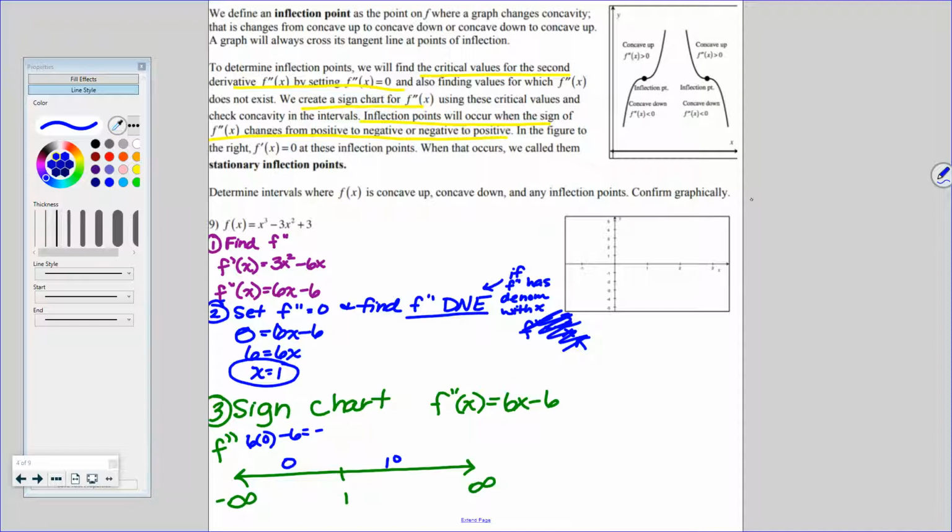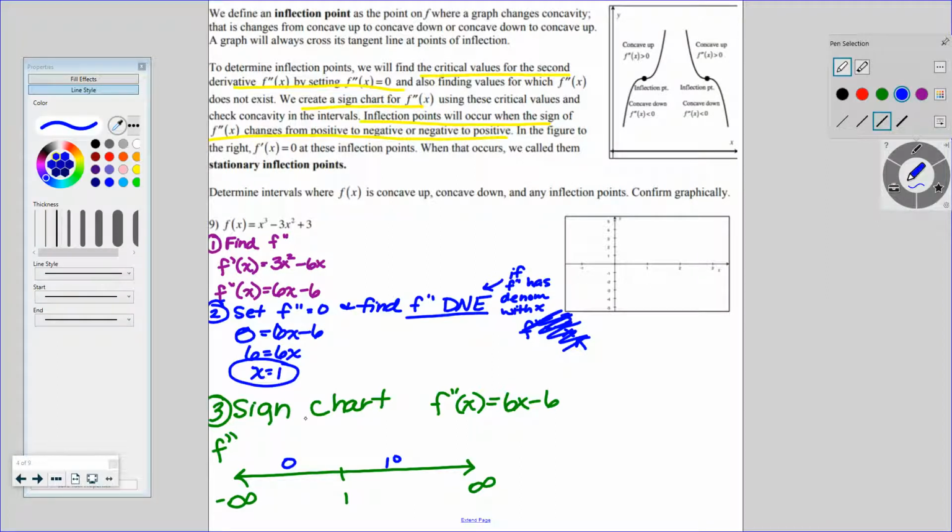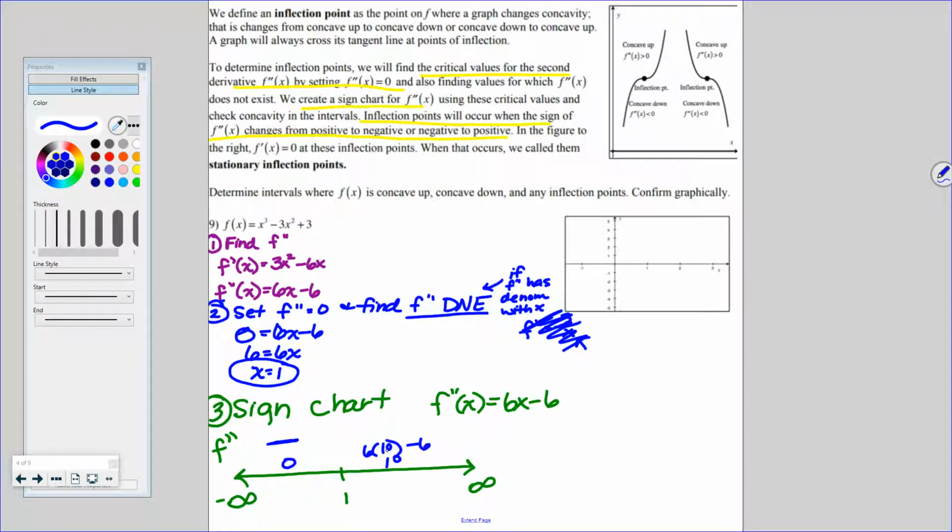So that means that this side is negative. And then if I substitute in 10, I'll have 6 times 10 minus 6.